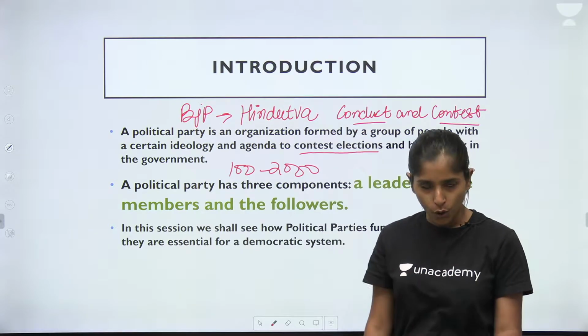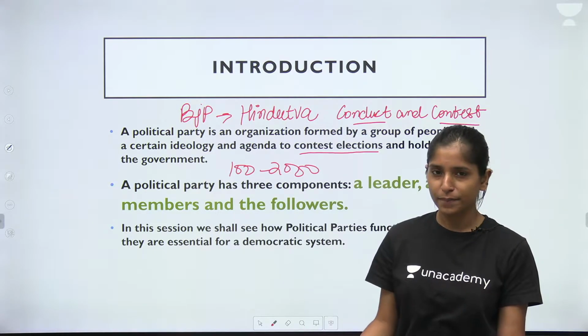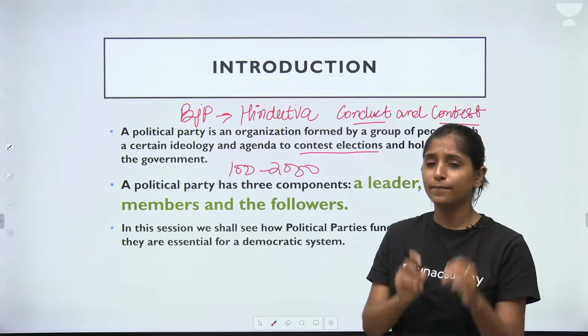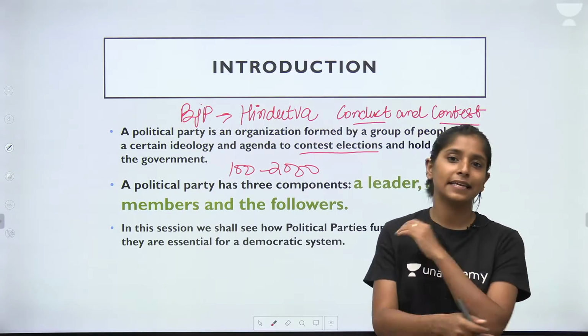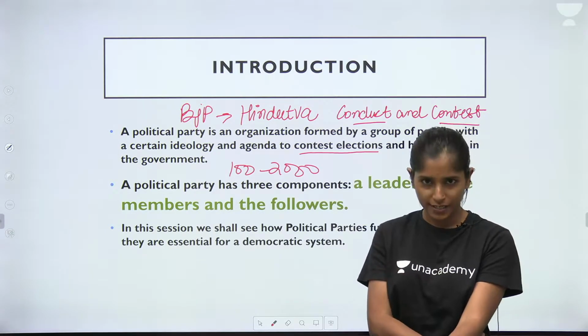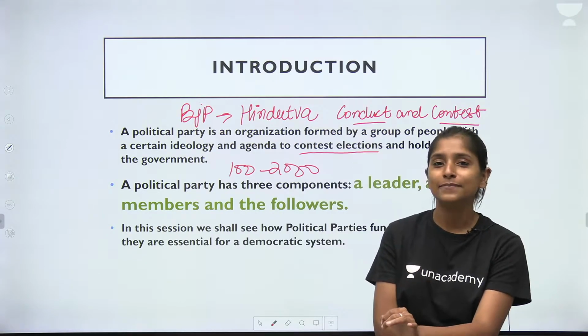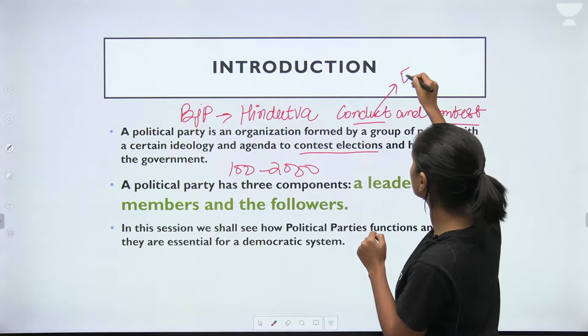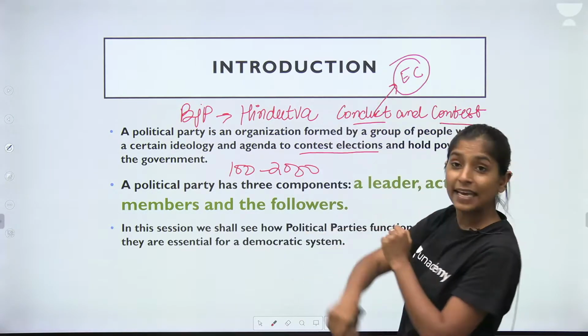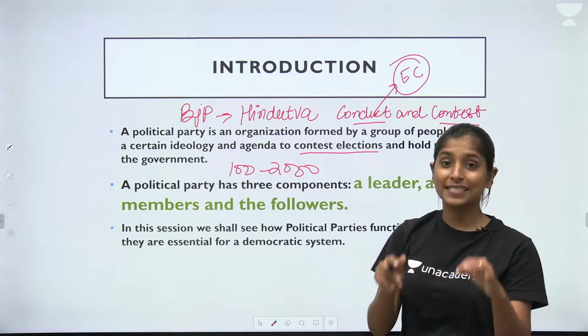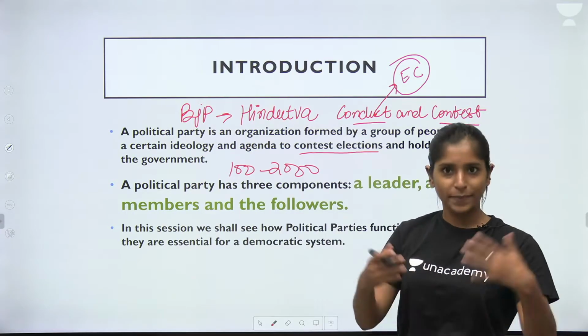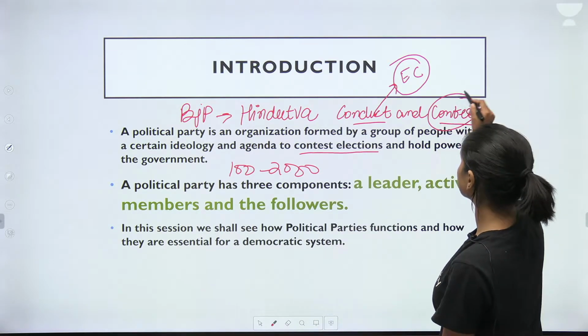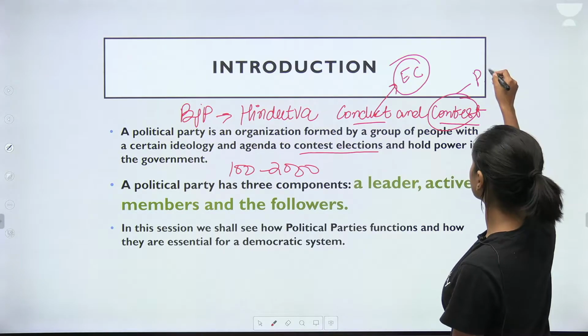I have seen a lot of people writing that political parties conduct elections. That's actually the wrong word to use, because they don't conduct elections. Elections are conducted by the Election Commission. Political parties only participate, which means they contest. They are the participating unit. So they only contest.